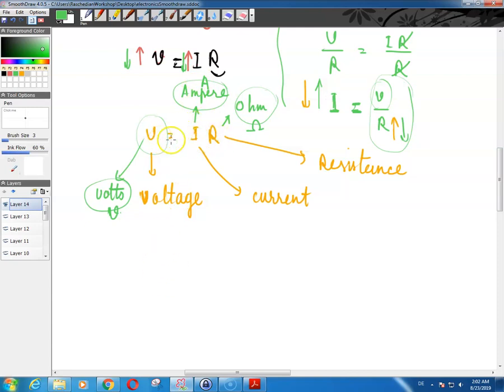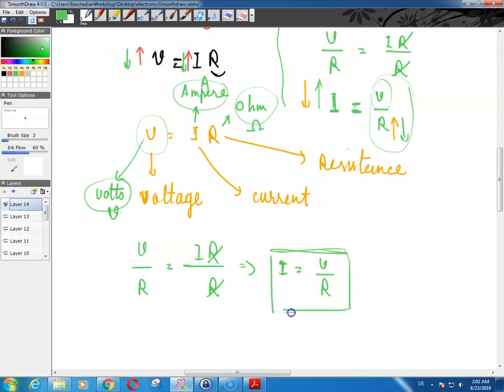If I divide both sides of this equation by R, I will get V divided by R is equal to IR divided by R. Then R and R will cancel out, and you will get I is equal to V divided by R. That is another form of the formula.